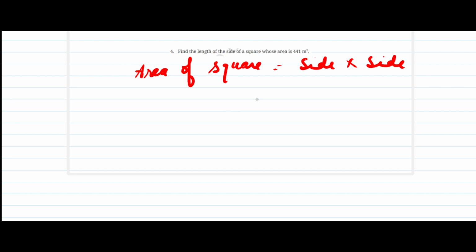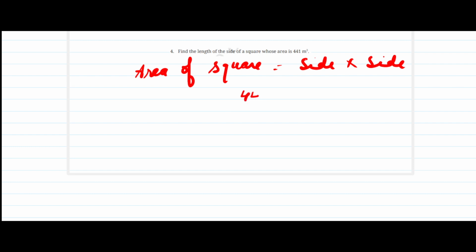Next question is, find the length of side of square whose area is 441 meters square. So area of square. Area of square is side into side. Right?